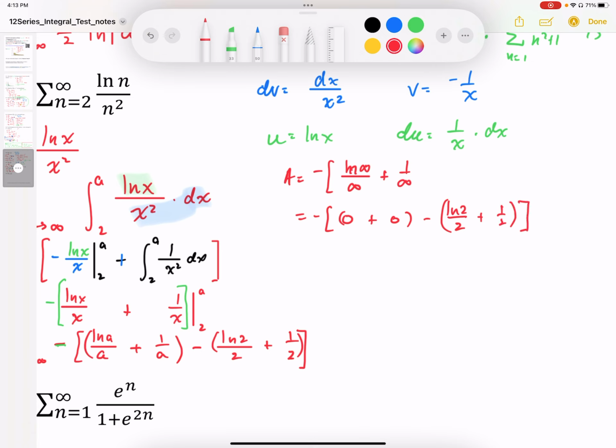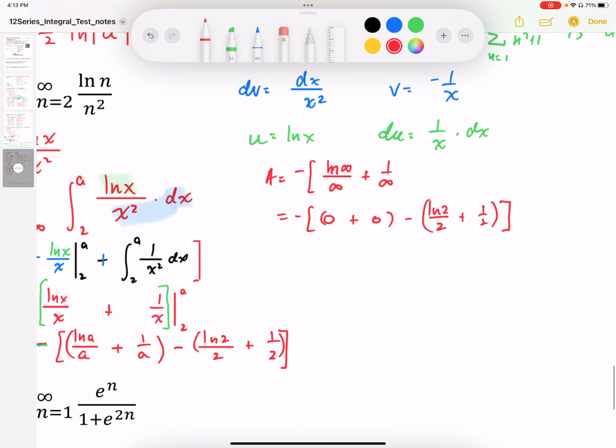So this ends up being a finite sum. Okay, so we know that the area is finite, therefore convergent. Okay, and so we can say that the infinite sum of n equals 2 to infinity of log of n over n squared is also convergent.